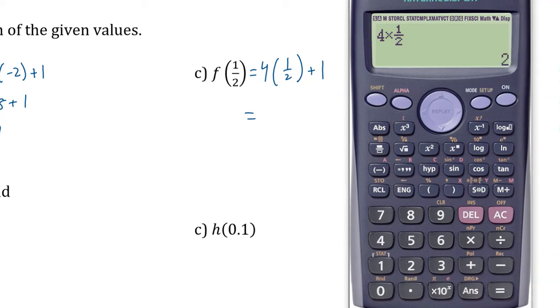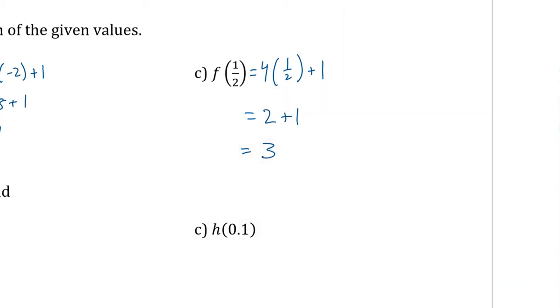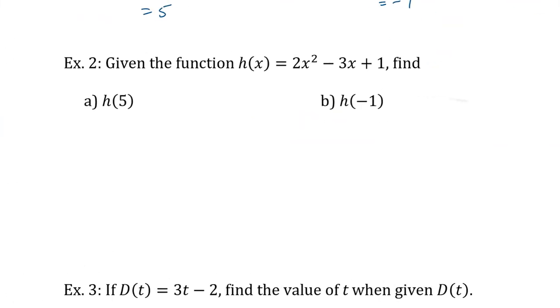Hit equals, gives me 2. There's rarely a time where I need to see any steps of fraction math at this point. So if you don't like fractions, you can just power through them with your calculator. All right, let's keep going.